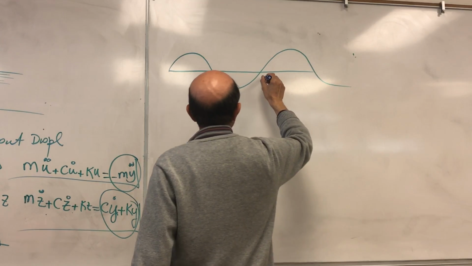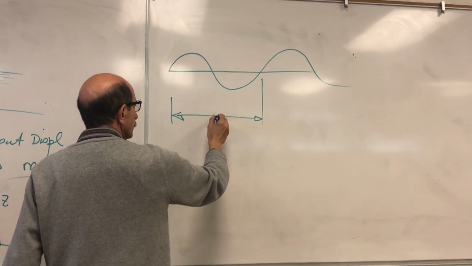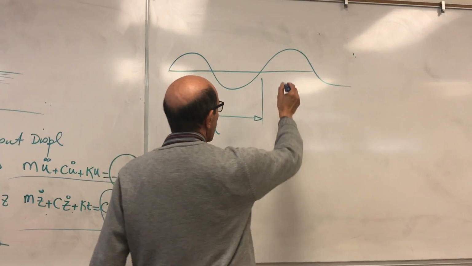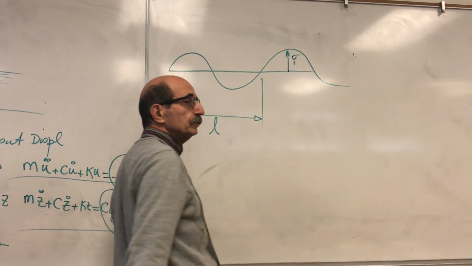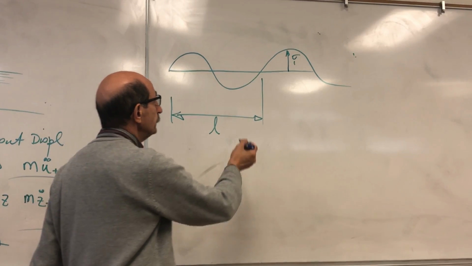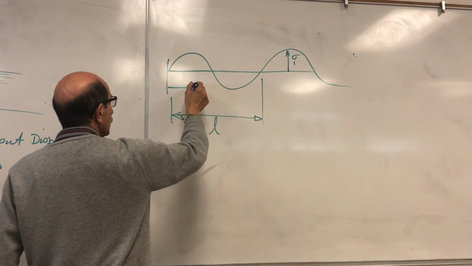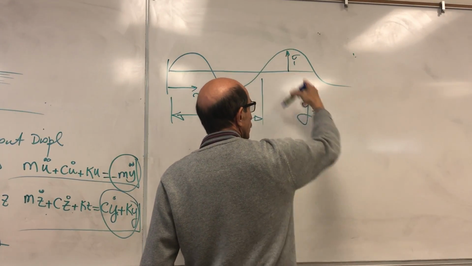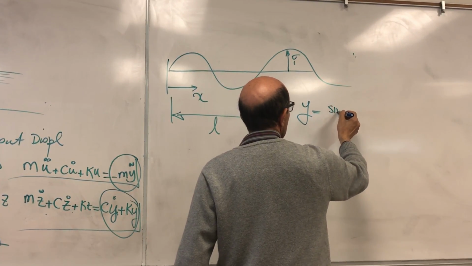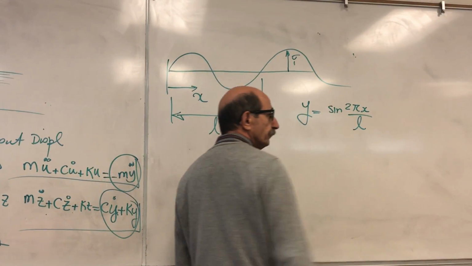And if the length of each period is L, and the amplitude of this road roughness is Y, and this is sinusoidal, then if this is x, y, which represents this function, would be Y sine of 2 pi x over L.